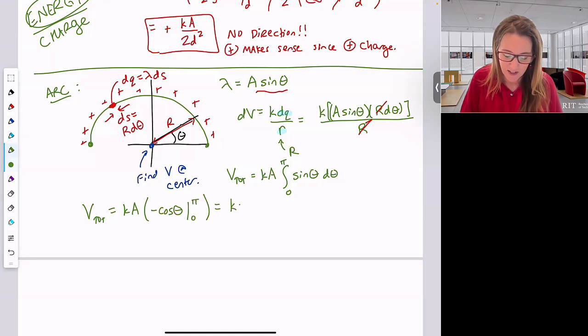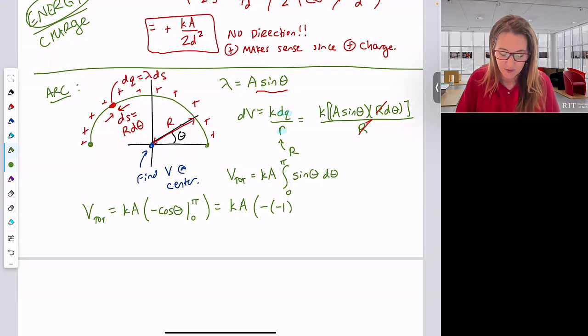So it's an exercise in keeping our negatives straight. So that's going to be negative cosine of pi, which is negative 1. So that's my cosine of pi, minus, and then my negative cosine of 0, which is 1. So this was minus the cosine of 0.